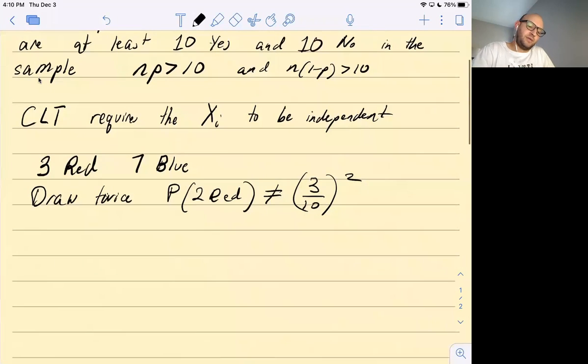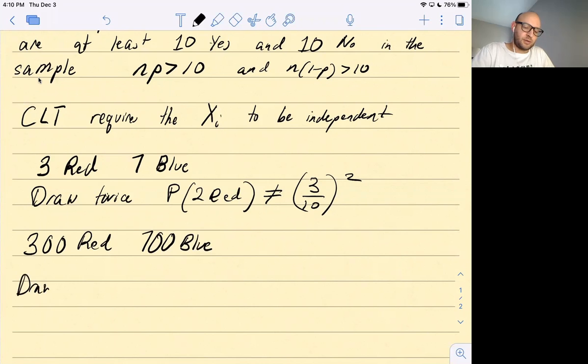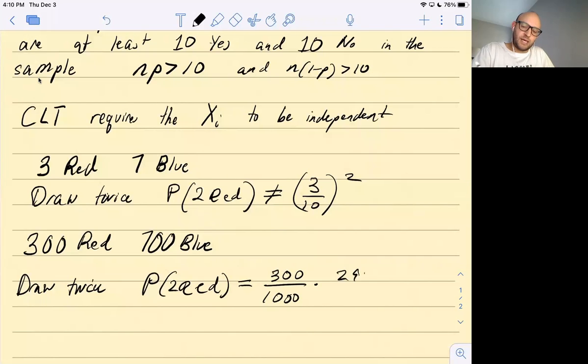If you have 300 red and 700 blue, and you just want to pick 2 of them, so you draw twice, the chance of 2 red is not exactly (3/10) squared either, but it's like what was said before. It's going to be 300 over 1,000, but now times 299 over 999, which is really super close to (3/10) squared.